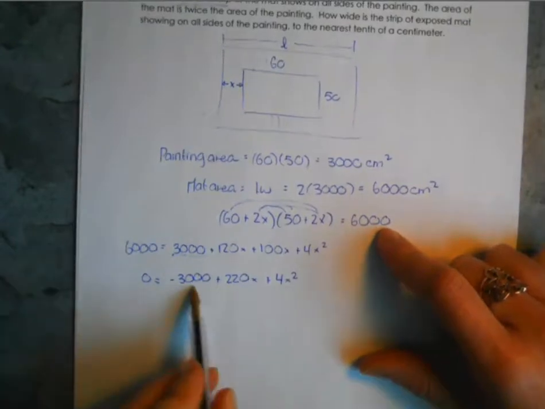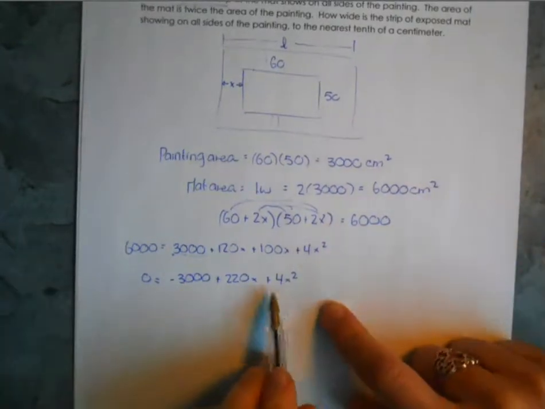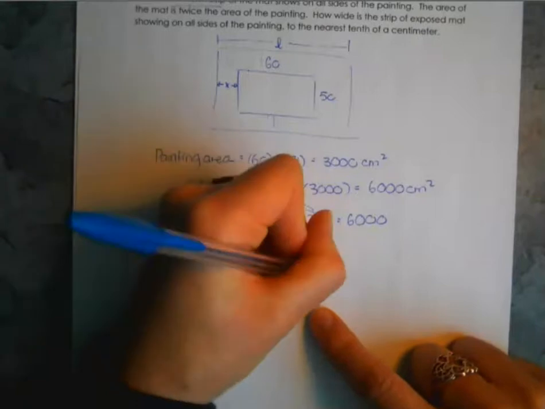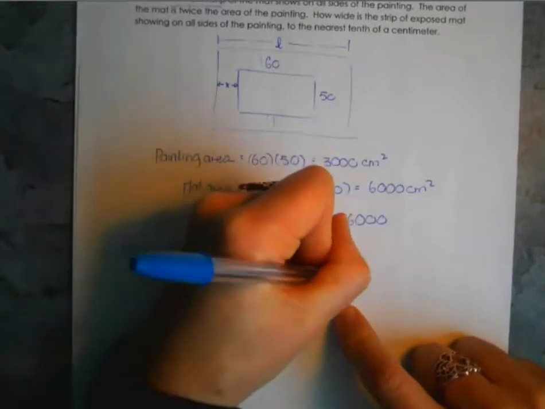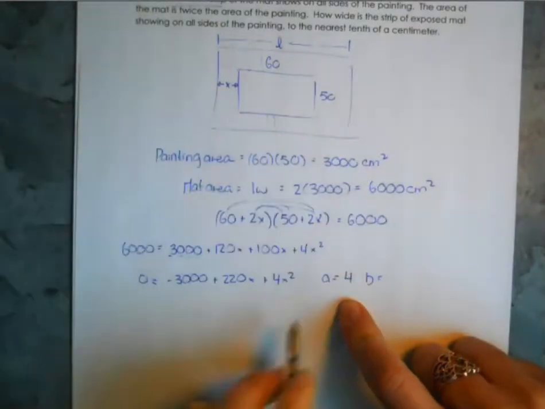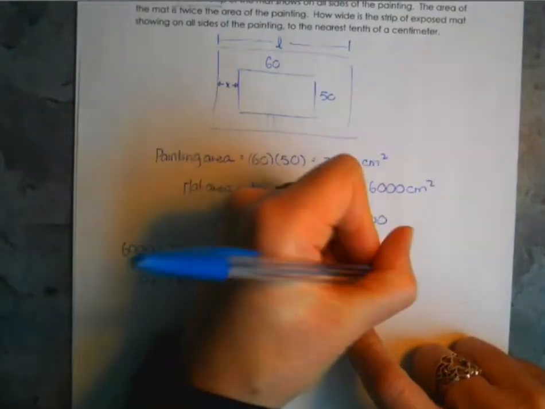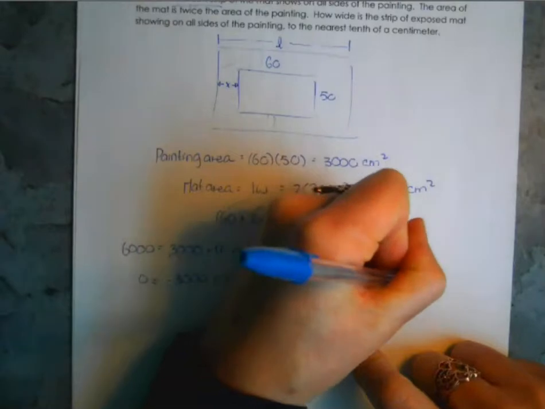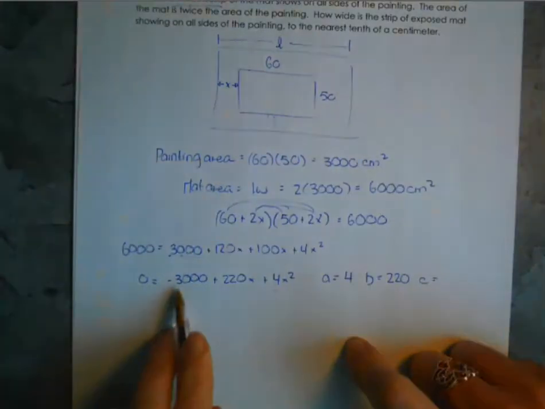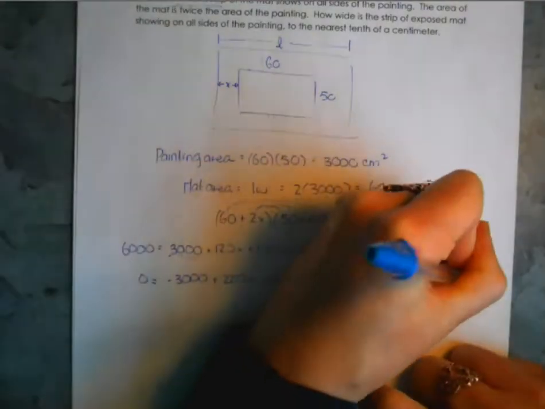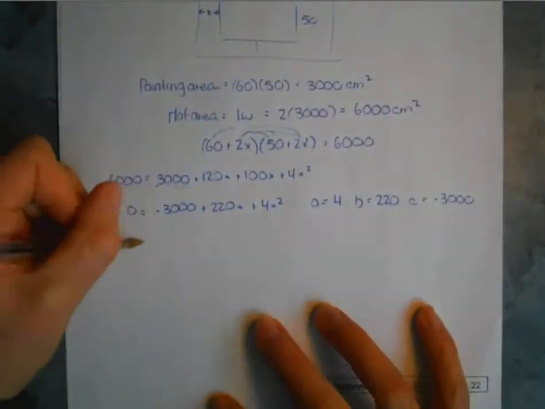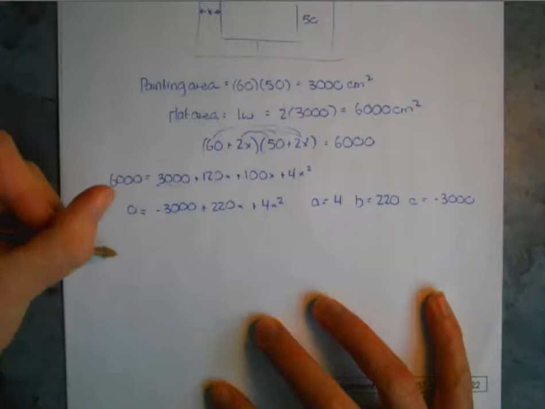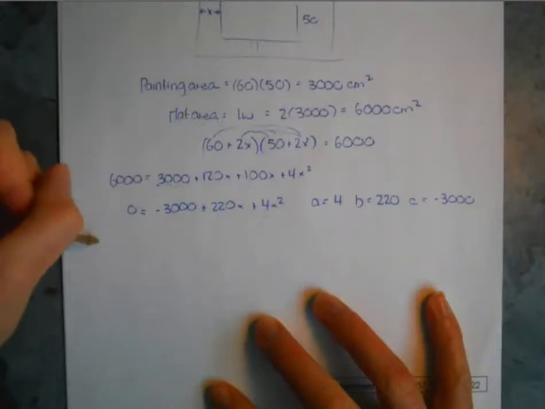They're out of order, but if I want to use the quadratic formula, the same values apply. Remember, a has to be with the x squared, so we have plus 4 for a. For b, we have positive 220, because that's with the x. And for c, we have negative 3,000. Okay, so now we want to put in our quadratic formula.